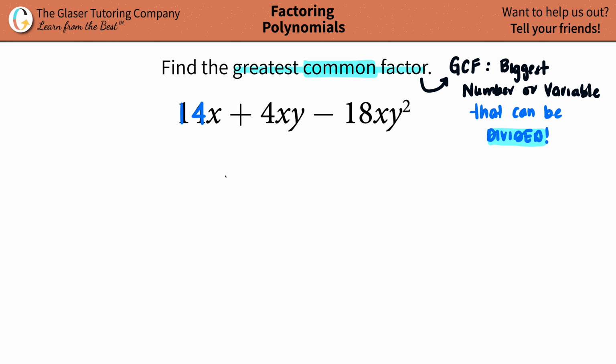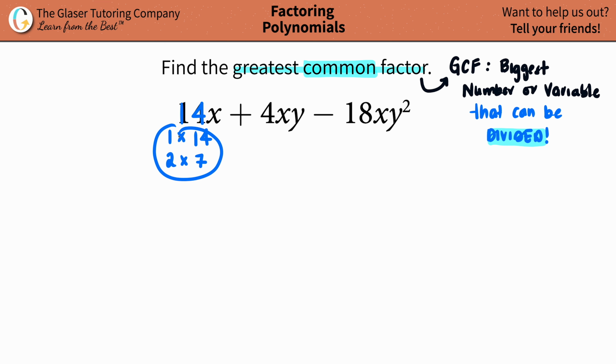Now, all we have to talk about is the numbers that you can divide by 14, right? The easiest way to go about this is just use your times tables and know what two numbers will be multiplied to get 14. So in this case, I could say that I have 1 times 14. 1 times 14 is 14. And then 2 times 7, right? 3 times something, nah, right? 4, nah.